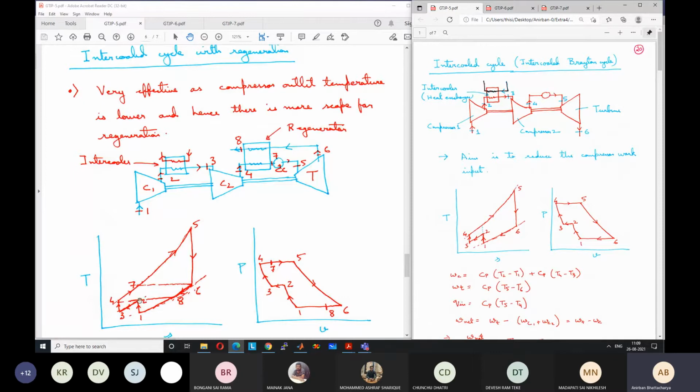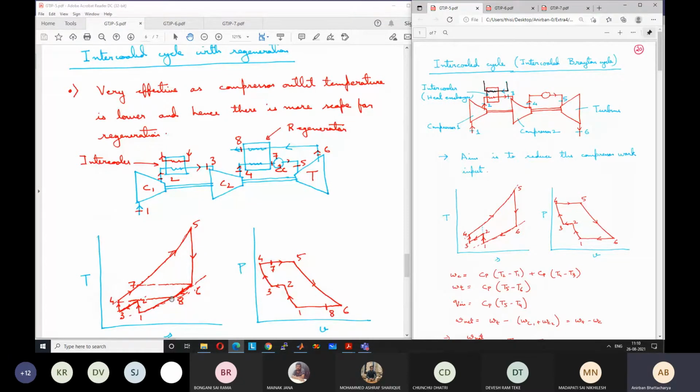We call these compression ratios RA and RB, meaning 1 to 2 is RA and 3 to 4 is RB. The maximum work output is obtained when RA is equal to RB, which is equal to the square root of R, where R is the overall compression ratio. So if the overall compression ratio is 25, RA should be equal to 5 and RB should be equal to 5.